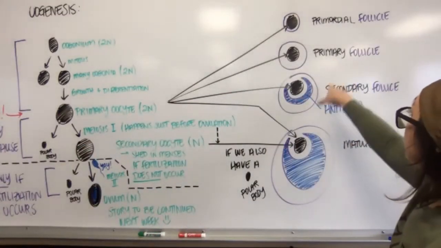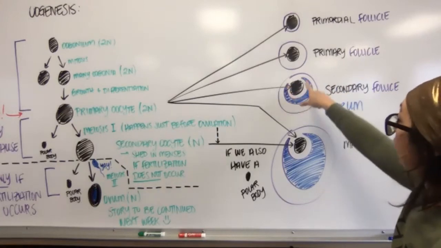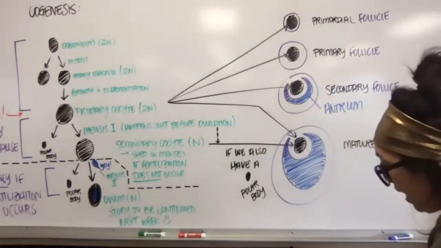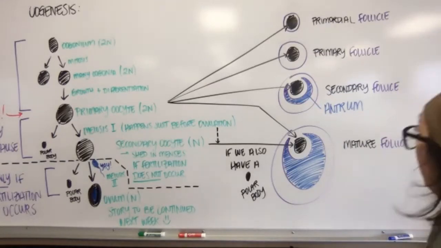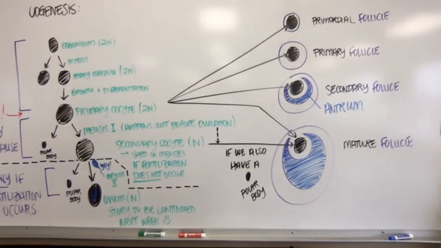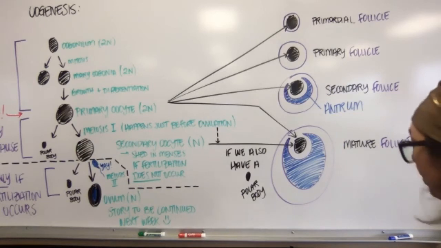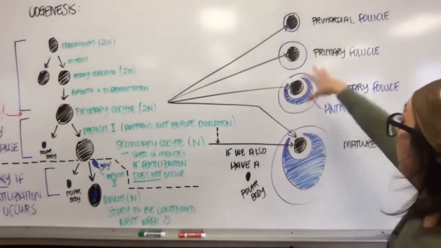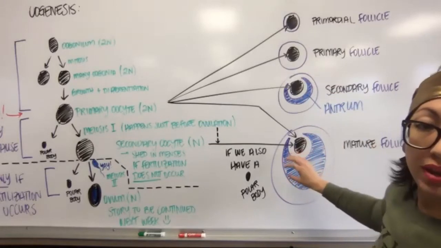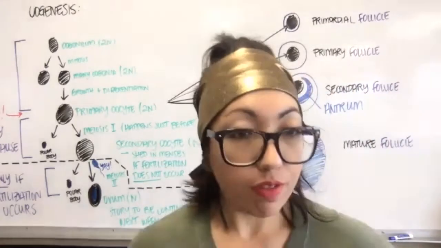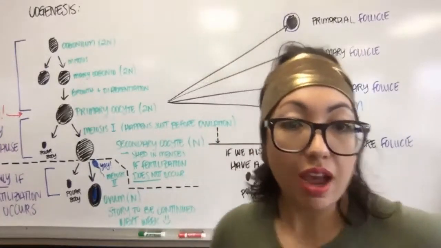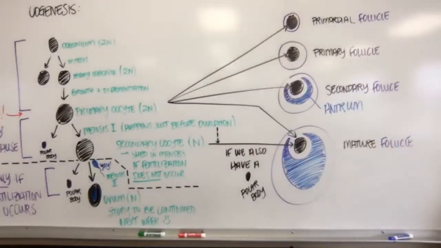You know you have a secondary follicle because you see this fluid-filled cavity called the antrum. Now continuing on, we have a question: secondary follicle starts after puberty.